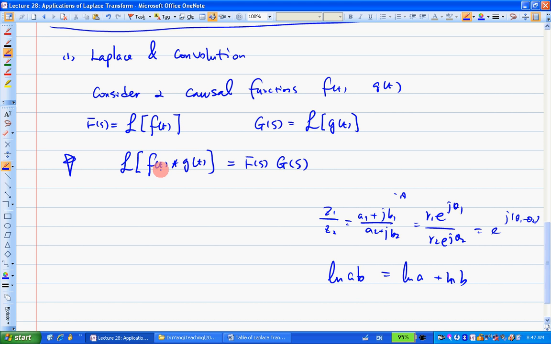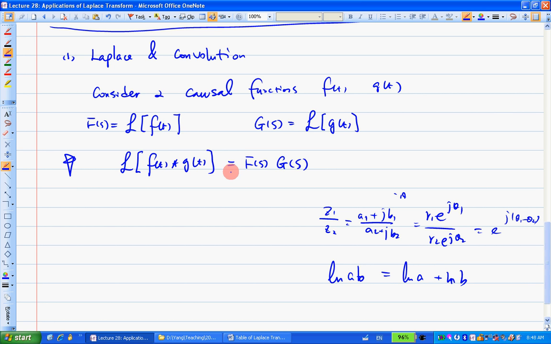Same thing here: now you're not doing convolution, you're doing multiplication. Of course, in the end, you have to transform this back to the time domain. However, doing this multiplication is much easier than doing these integrals and graphical things.